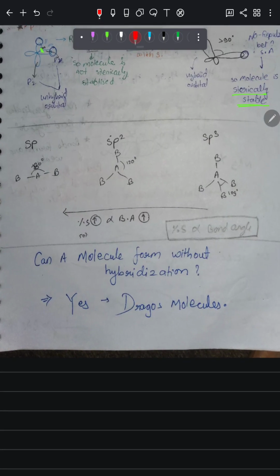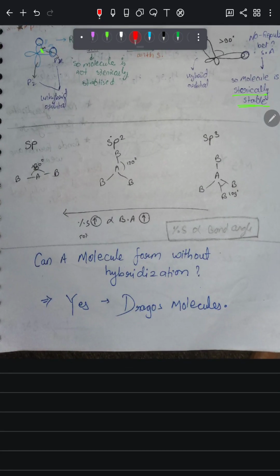As we have seen for sp, sp2 and sp3 molecules, the bond angle is 180 degrees for sp, and here the s character is maximum because of one s and one p orbital, so the contribution is 50-50.